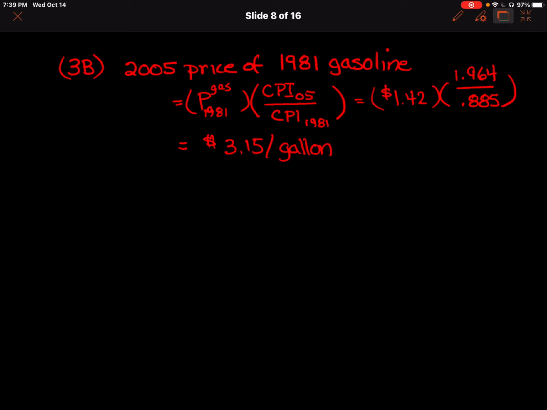So that's bigger than the actual price of $2.50 per gallon. So we just have another way of saying that gas prices, in inflation-adjusted terms, were more expensive, were higher in 1981 compared to 2005.